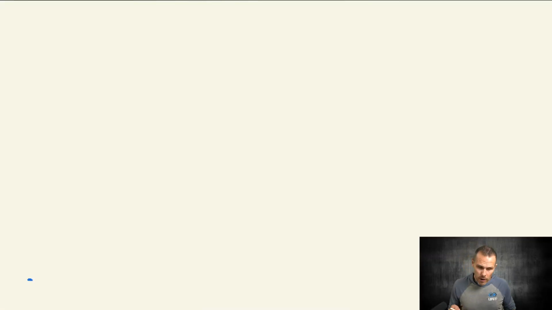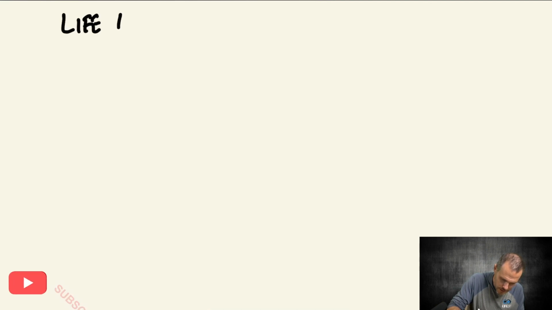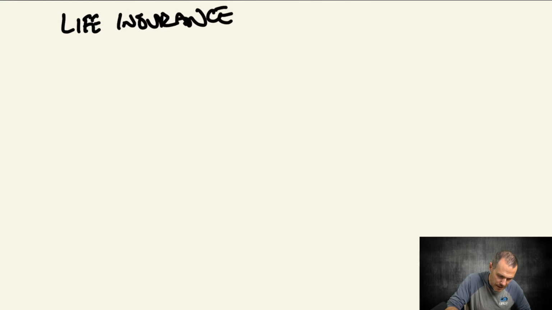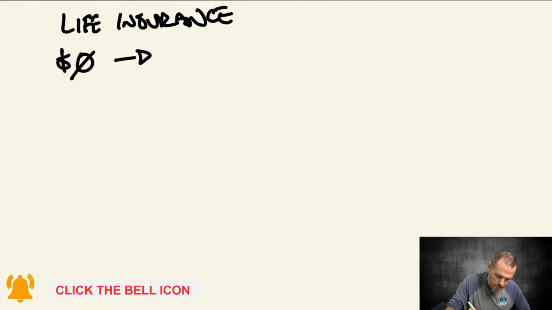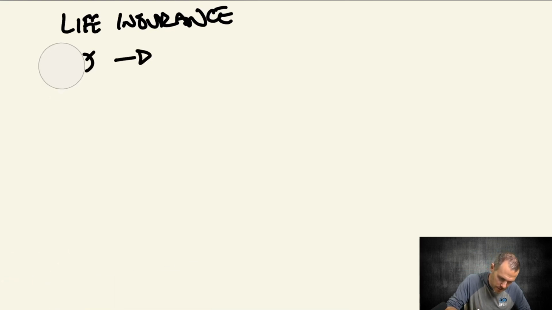All right, so I want to go to my whiteboard here and use an example. Let's say you have life insurance, and you start off year one with zero cash value. Let me just do this again.